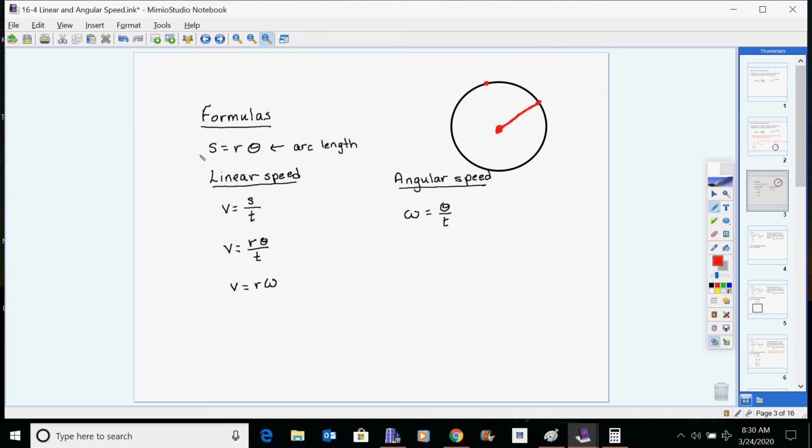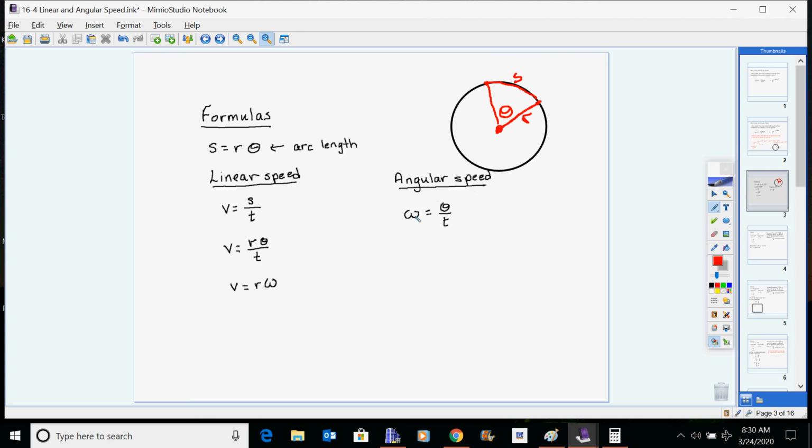So we have this formula: the distance along the circle equals the radius times the number of radians in the angle that was formed as the thing went through there. So you've got the angle theta, the radius r, and the distance s as it goes around.